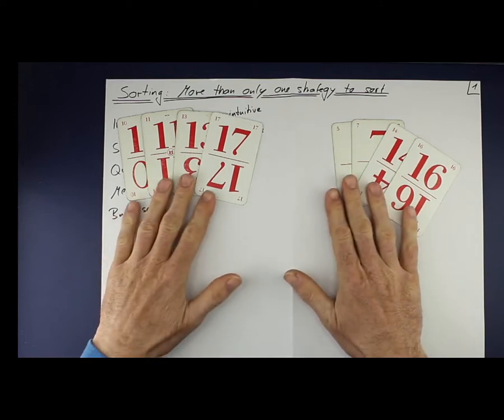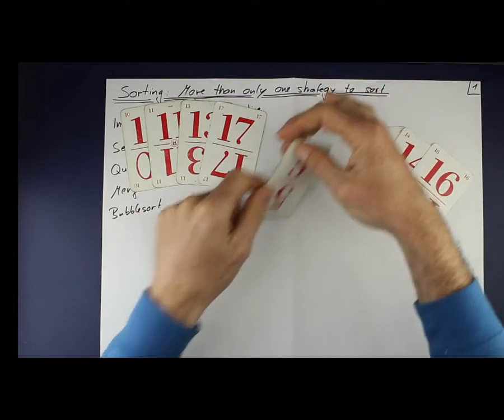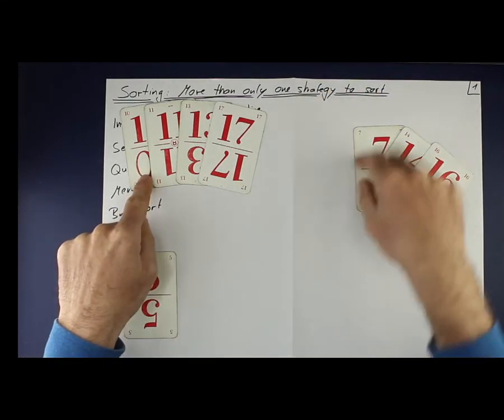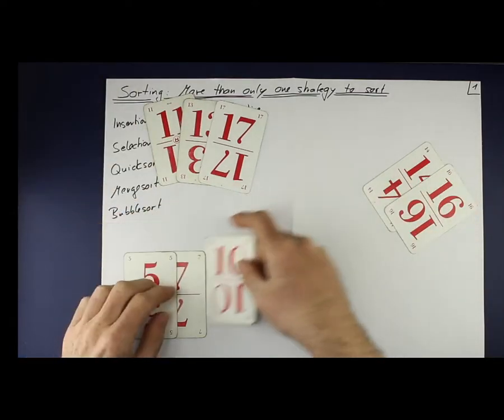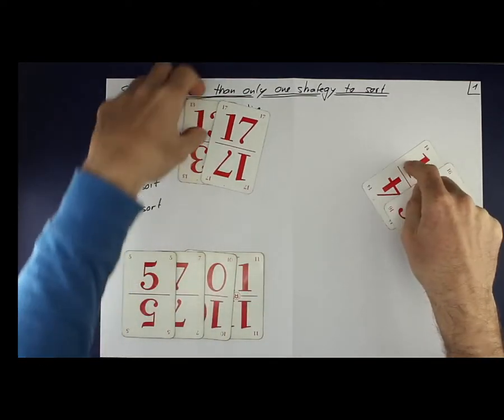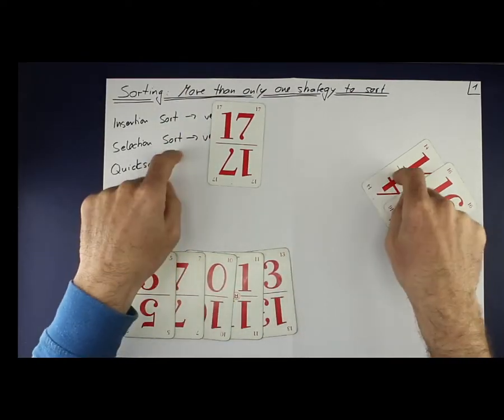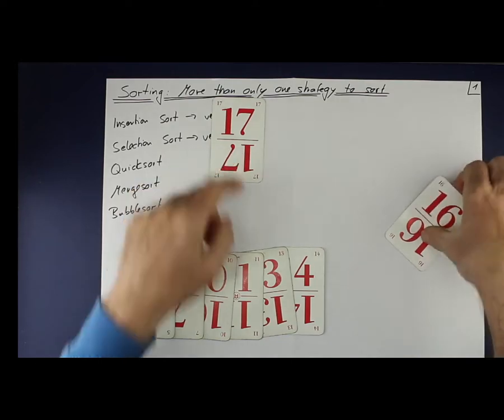And now let's go through the deck and merge. Compare these 2 cards. This one, a smaller one. Compare these 2 cards. This one. Compare these 2 cards. Compare these 2 cards.